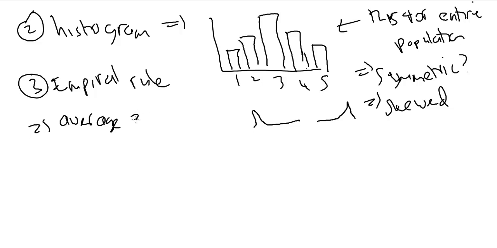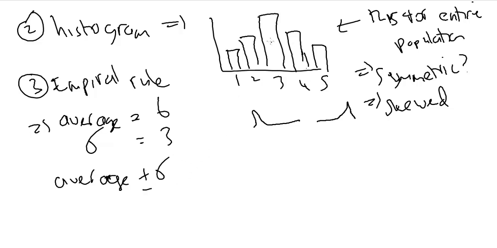So if your average, say, I'm thinking about shoe sizes, because shoe sizes are normally distributed, and if your standard deviation is, say, 3, well, the empirical rule says that the average plus or minus one standard deviation.